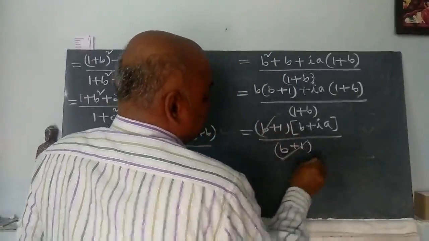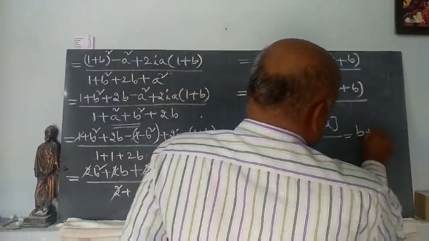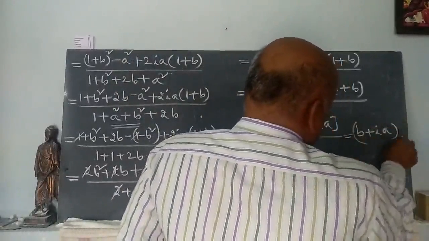B plus 1 get cancelled. This is equal to B plus iA.